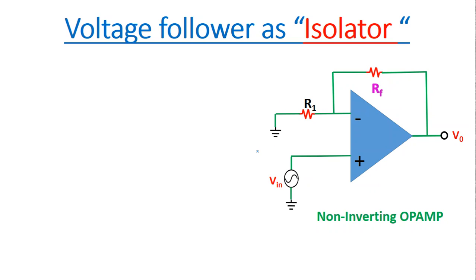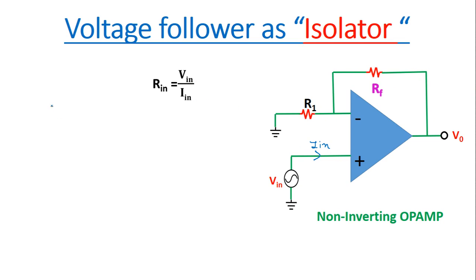Now let us understand it. Here we have taken a non-inverting operational amplifier, and we know that in a non-inverting operational amplifier, the input voltage is connected at the non-inverting terminal. Let us assume that the input current into the operational amplifier circuit is Iin, and the input resistance can be written as input voltage divided by input current.